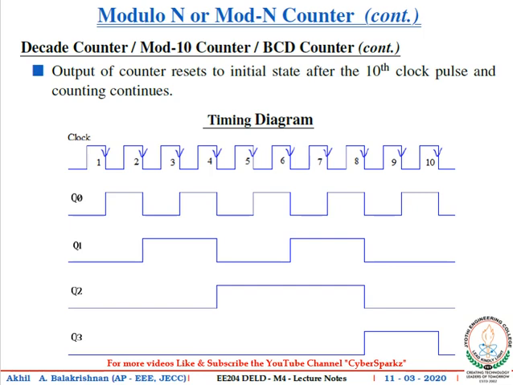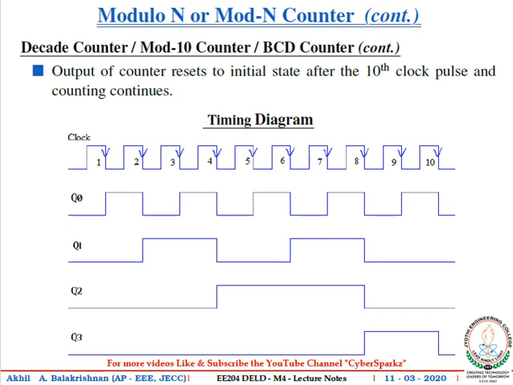On the eighth clock pulse, the first flip-flop changes its state from 1 to 0, which in turn triggers the second flip-flop to change from 1 to 0, which in turn triggers the third flip-flop to change from 1 to 0, and the third flip-flop triggers the fourth flip-flop to change its value from 0 to 1. So like that the pattern continues.